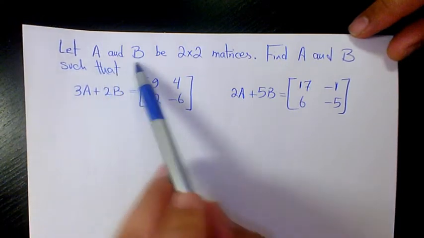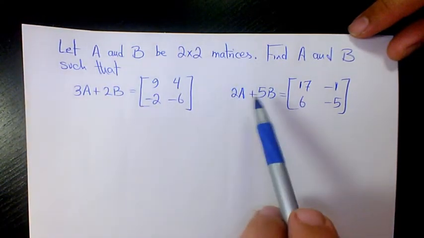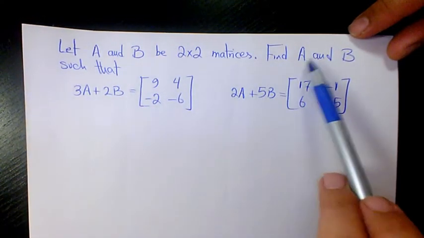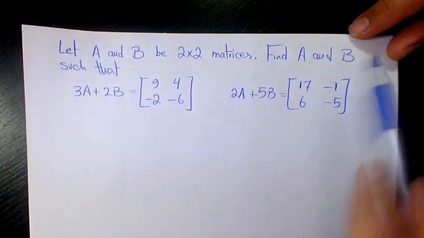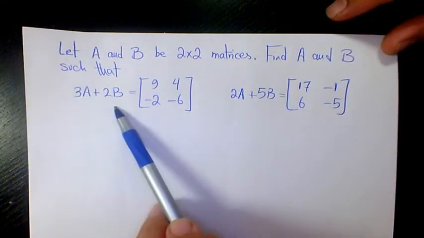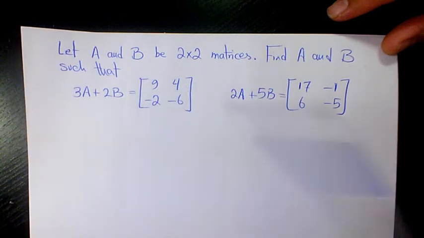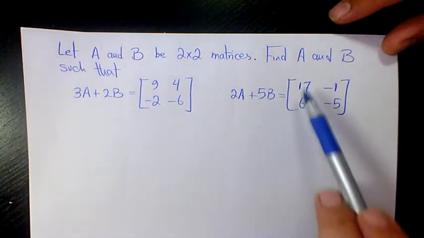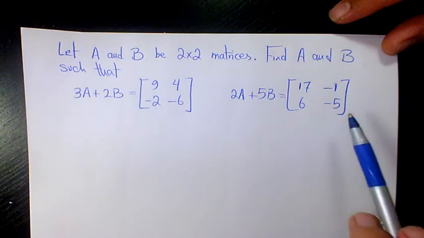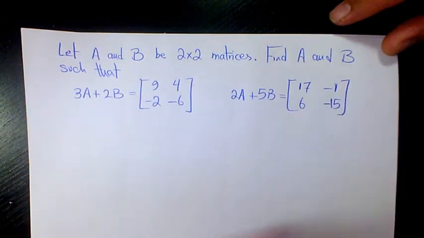Now in this example, it says let A and B be 2 by 2 matrices. Find matrix A and also matrix B such that 3A plus 2B equals 9, 4, negative 2, negative 6. And 2A plus 5B is 17, negative 1, 6, and negative 15.